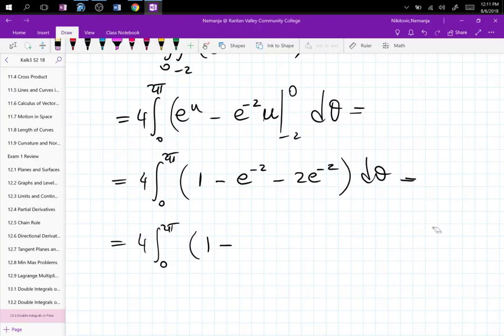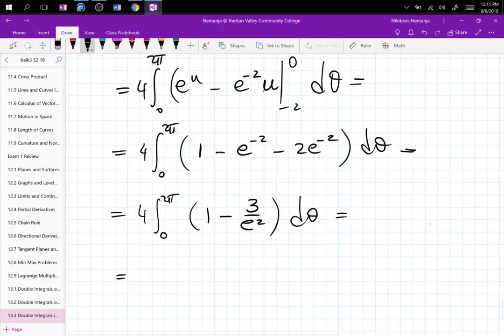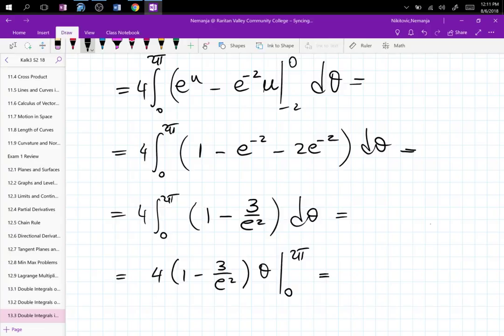I could just write this as 3 over e squared, guys. It's easy, this is just a number. There are no variables here. And now, when you integrate, this picks up a theta. So you have 4 times 1 minus 3 over e squared times theta, computed from 0 to 2 pi. So it's just going to pick up 2 pi. This is 8 pi times 1 minus 3 over e squared. And this is the volume.